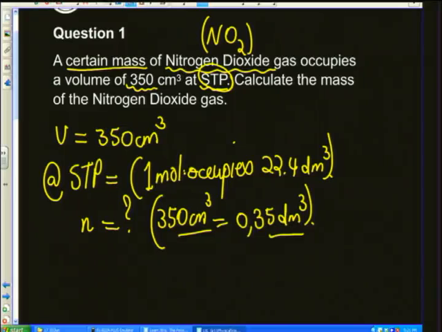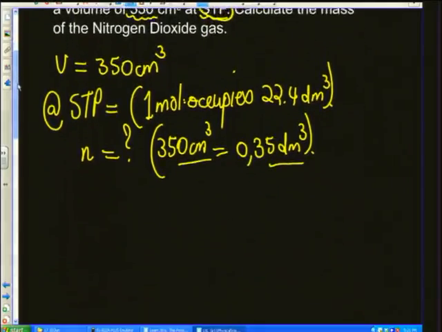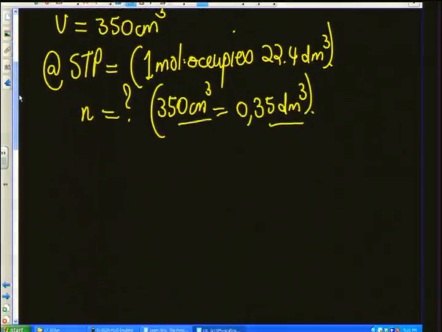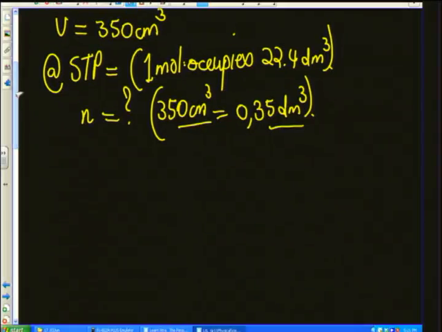Now, how does this help us? We are to find the mass of nitrogen dioxide in that container. But then how do we get there? We need to start by finding the number of moles in that volume.